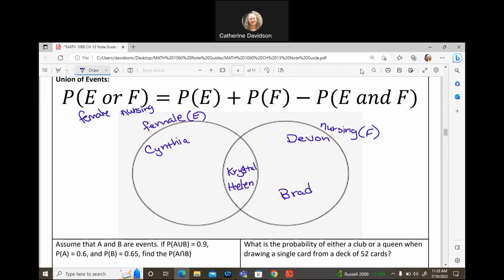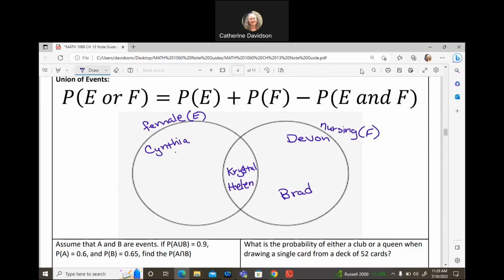You count it up, we have female, there's 3 females, and 4 nursing students. But if you count up all the students, that is not 7. We have 1, 2, 3, 4, 5. So what's the problem here? What happens is you're counting Crystal and Helen twice.